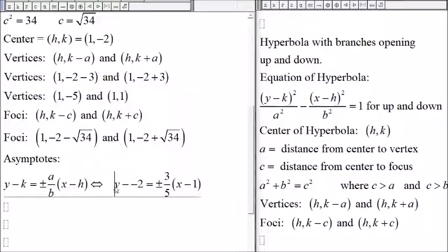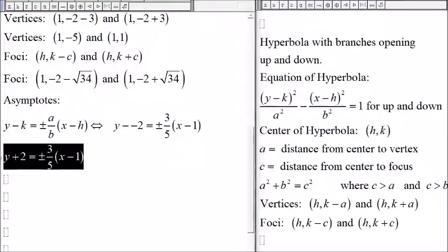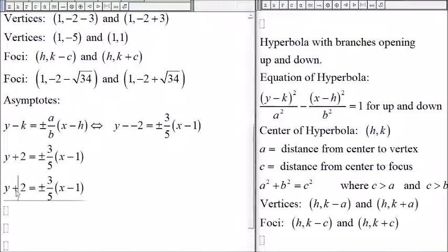And then we can simplify this. This becomes plus. And then we could also bring the 2 to the other side. So these are the asymptotes.